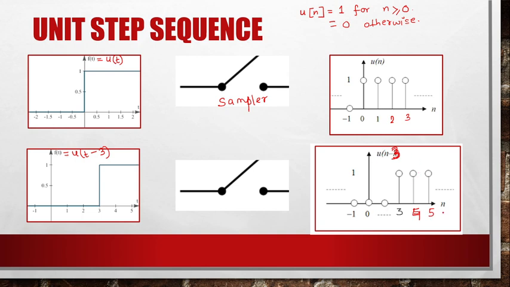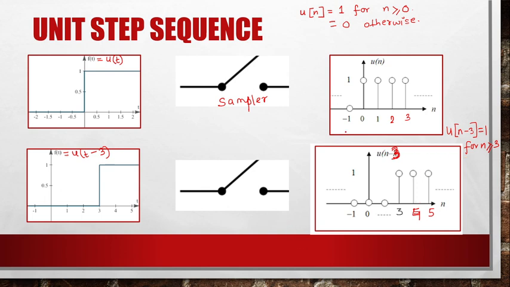Okay, so naturally we can write the expression of this also here. This function, u[n-3], will be 1 for n greater than or equal to 3, and it will be 0 otherwise.